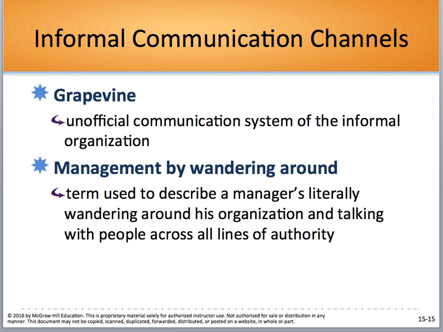Grapevine can also fall into gossip. Management by wandering around. Literally, a manager just walking around on the floor, around the office, around the property, and just talking with people randomly. It's no one in particular. It's not a specific group. It's not a specific chain of command. You just wander around and talk to anyone.